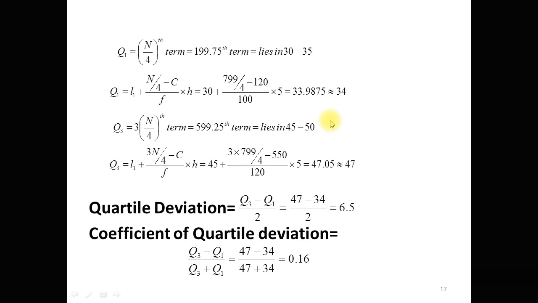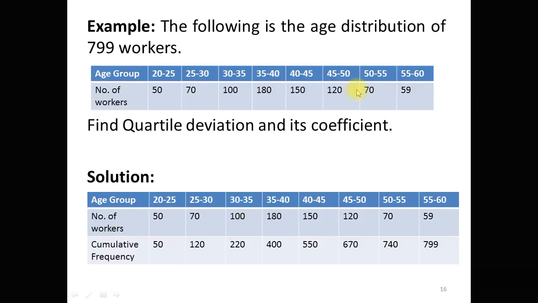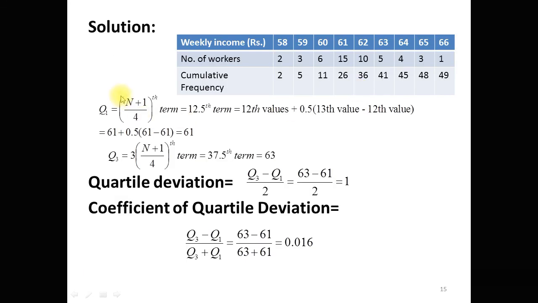So for the range, when frequency is given, we need to construct the classes for the data. And for the quartiles like Q1 and Q3, the position of Q1 and Q3 will be calculated using the expressions n plus 1 by 4 and 3 into n plus 1 by 4.